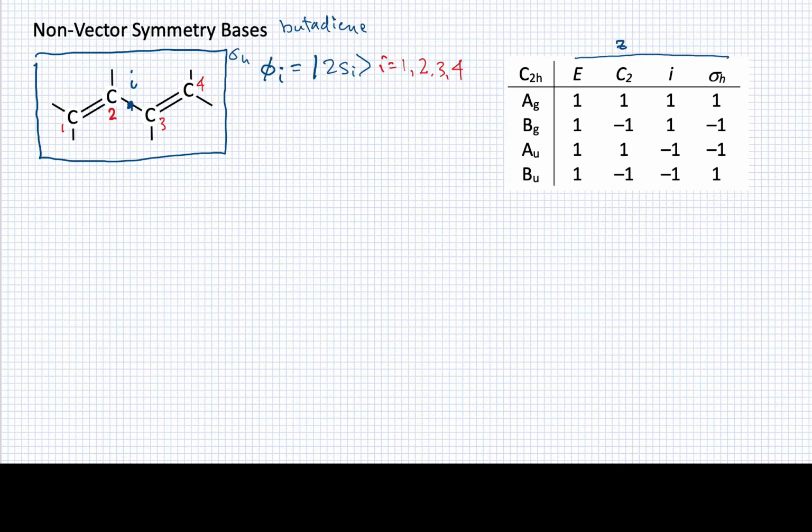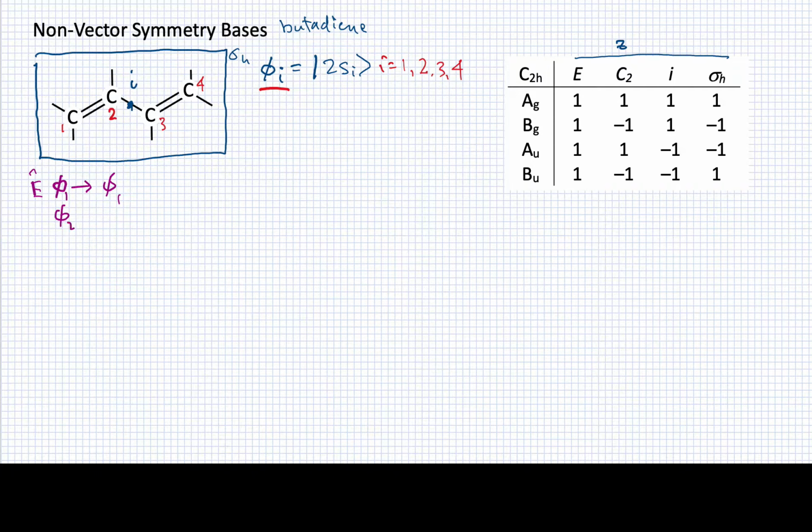Now, if I want to create a reducible representation of how these functions are transformed by the symmetry operations, here is in effect what I would need to do. The E operation is the easiest one, so let's just do that. The E operation operating on phi1 is going to give us phi1.